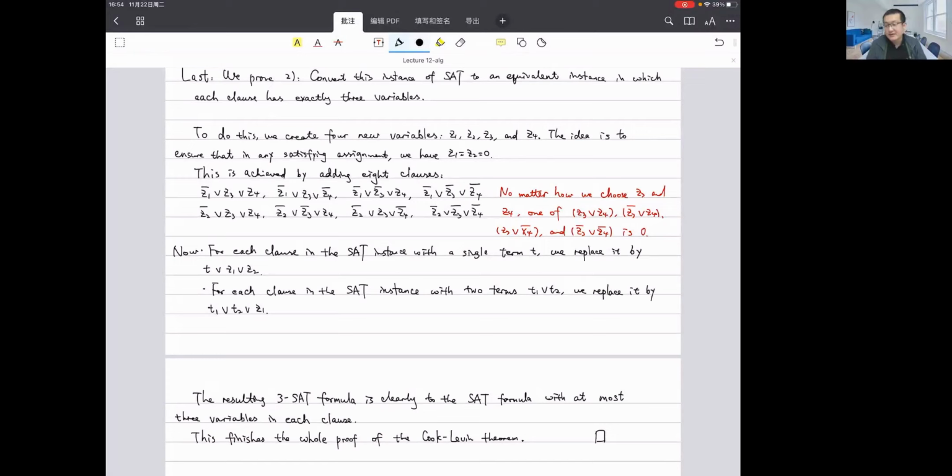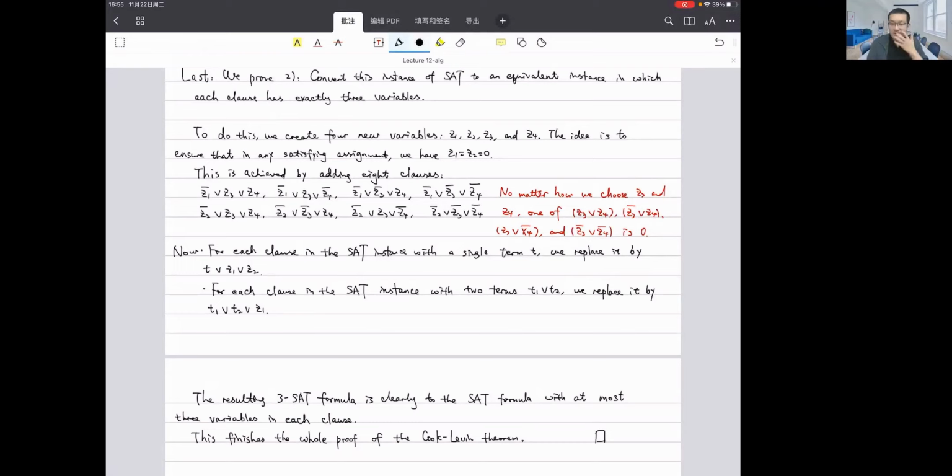Basically we make this a SAT instance, and we further make a little bit of construction: for a SAT instance where each clause has at most three variables, we can add four extra variables, Z1, Z2, Z3, and Z4, where Z1 and Z2 are enforced to be 0. We can then fulfill all the clauses that only have one or two terms, and make all of the clauses have exactly three terms, making it exactly a 3-SAT problem.